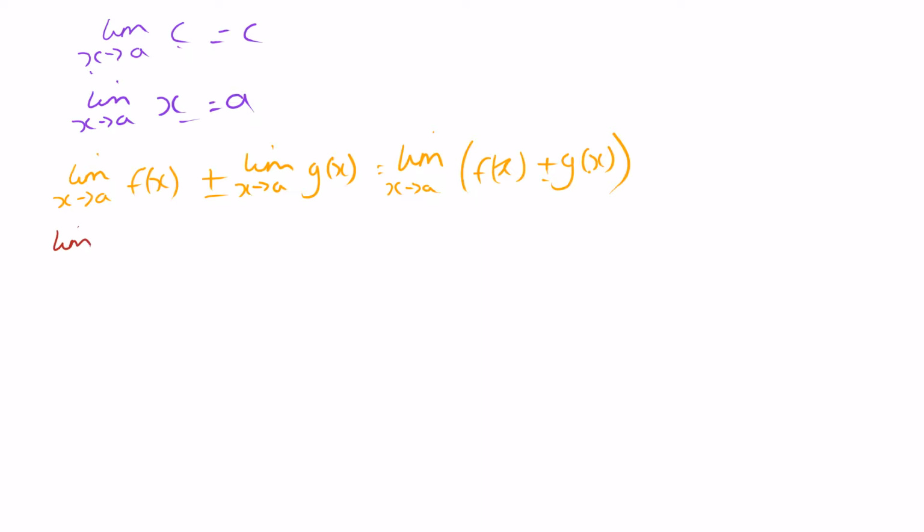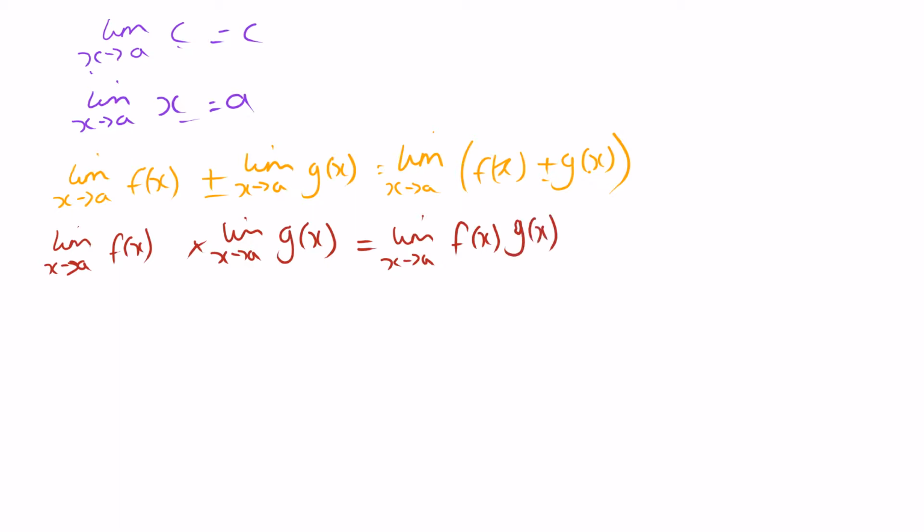So the limit as x tends to a of f of x times the limit as x tends to a of g of x will be equal to the limit as x tends to a of f of x g of x. And that will work the same for division, but the only difference with division is that the limit as x tends to a of g of x does not equal 0, where g of x is the denominator in the fraction.